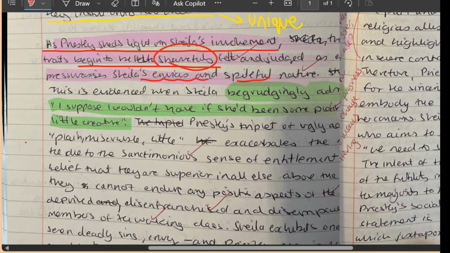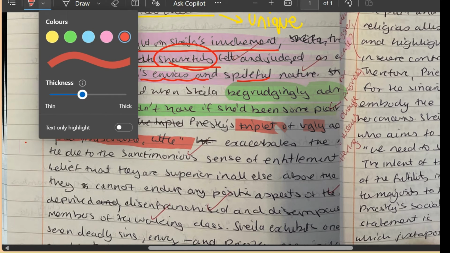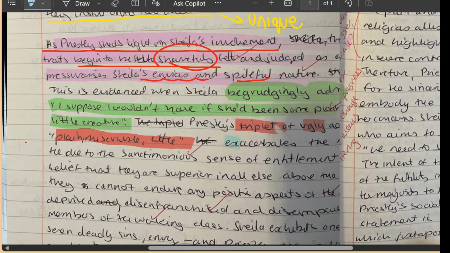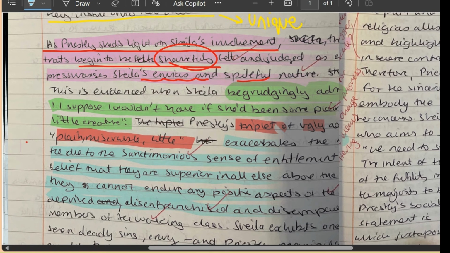Priestley's use of the triplet of "ugly, plain, miserable, and little" exacerbates, which means shows even more, exacerbates, you can think of a bad word, due to the sanctimonious sense of entitlement and the belief that they are superior to all else, and they cannot endure any positive aspects of the deprived, disenfranchised members of the working class.